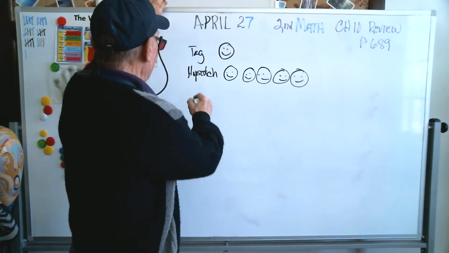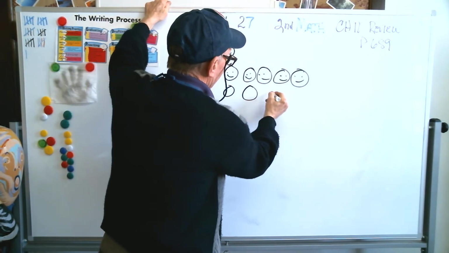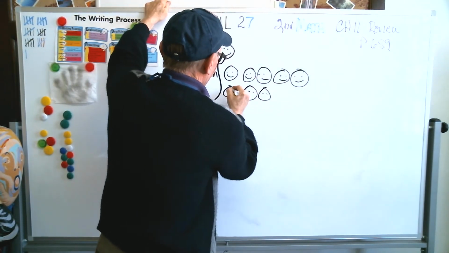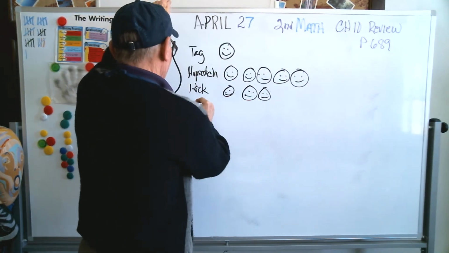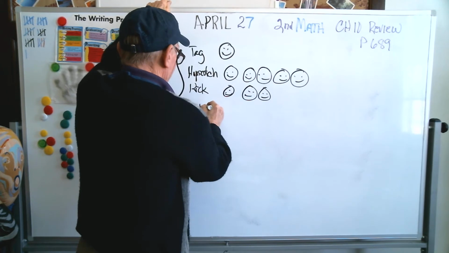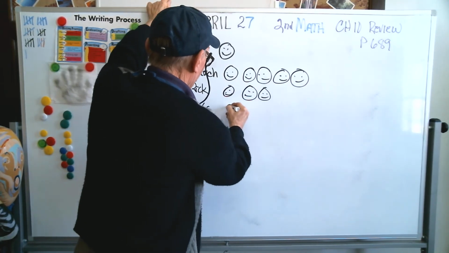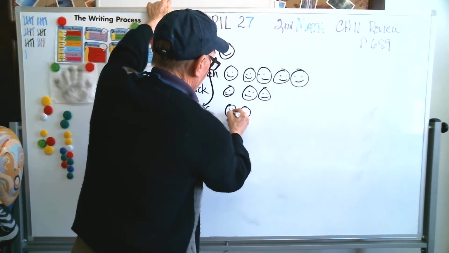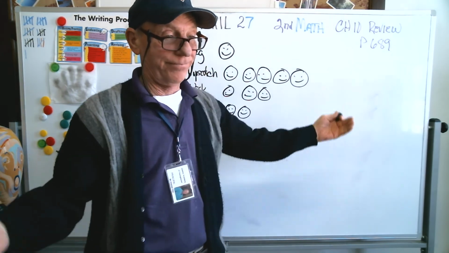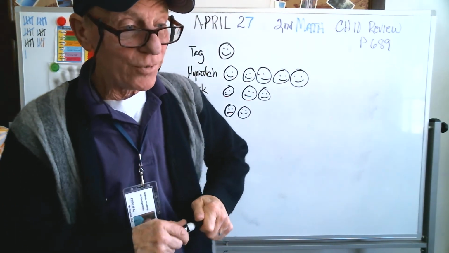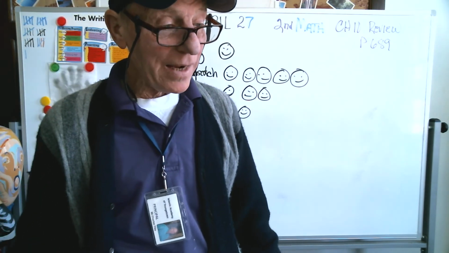Kickball got 3. So we're going to draw 3 smiley faces. And then finally, jacks. And jacks got 2. That's all you got to do. Look at the number in the tally and draw a smiley face.